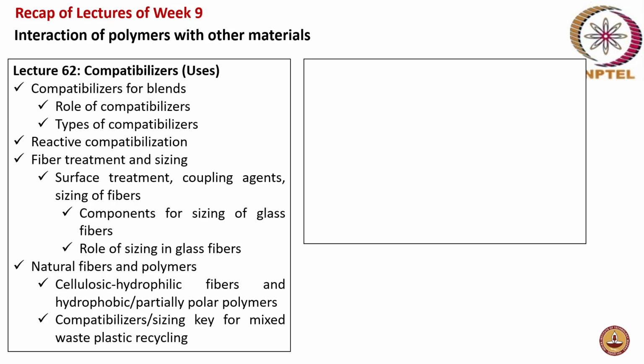And then the types of compatibilizers was discussed, and then what is reactive compatibilization was discussed. And then fiber treatment and sizing, how sizing is important, and the surface treatment, coupling agents, and sizing of fibers were discussed. And components for sizing of glass fibers, and the role of sizing in glass fibers were all discussed.